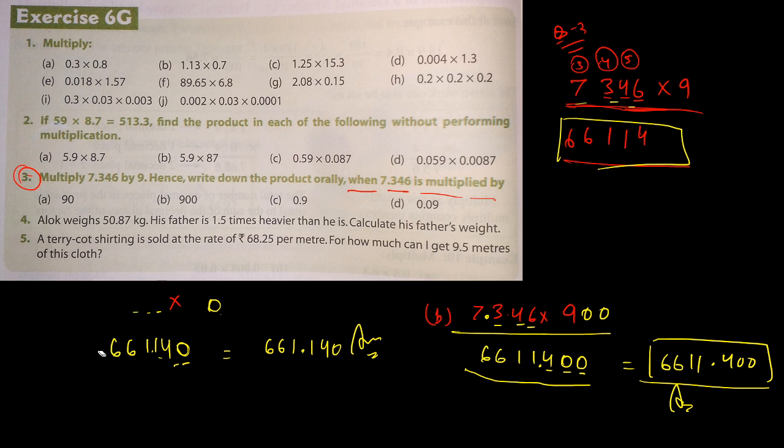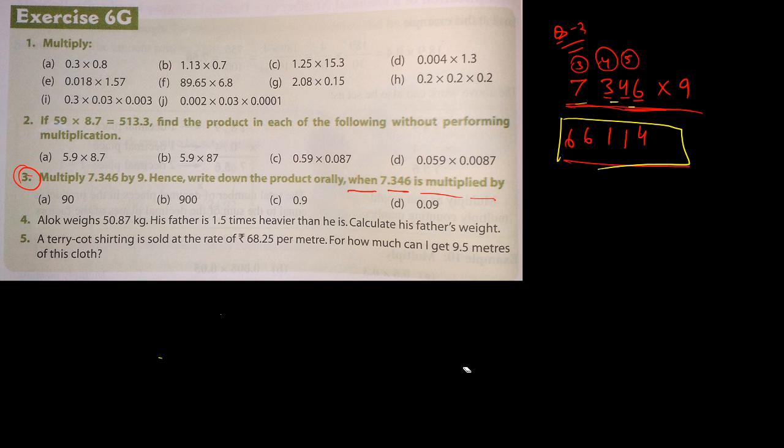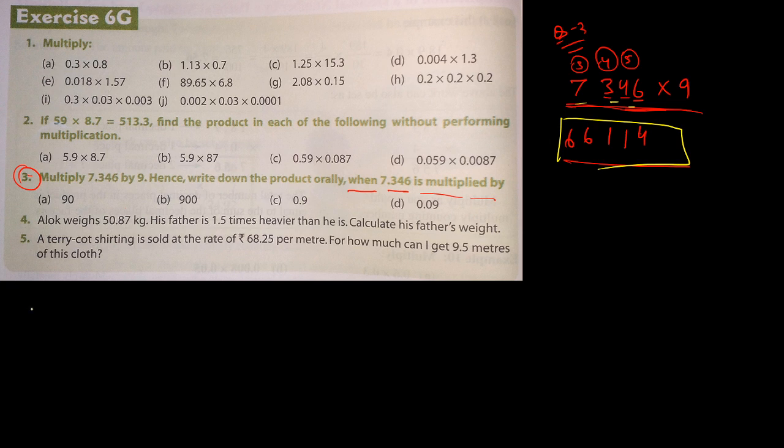Now, in C part, let me erase this, then I'll tell you the C part. Okay. So the question is saying in part C, we have to multiply 7.346 by 0.9.